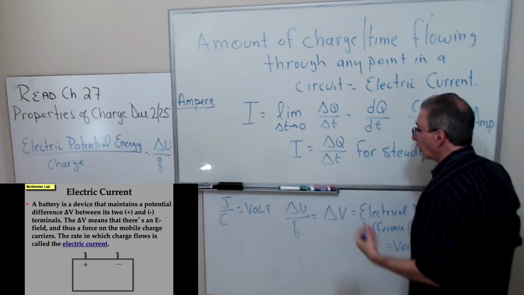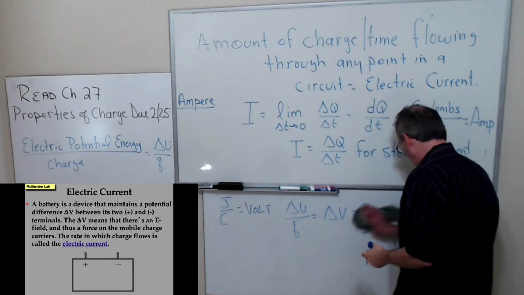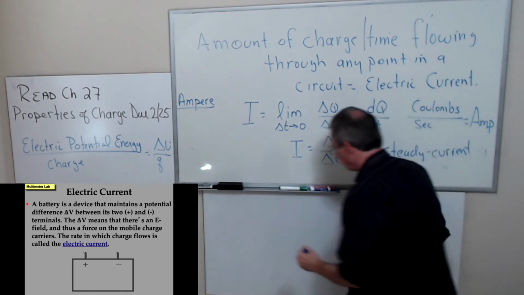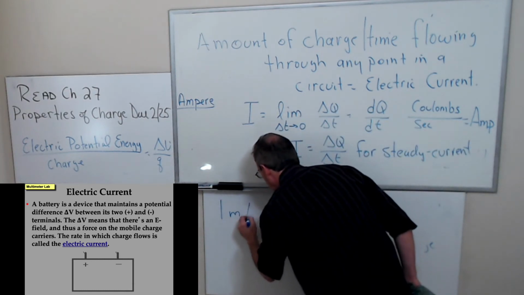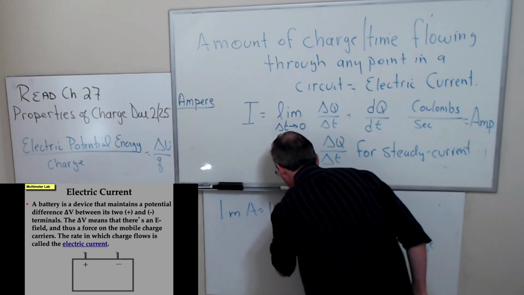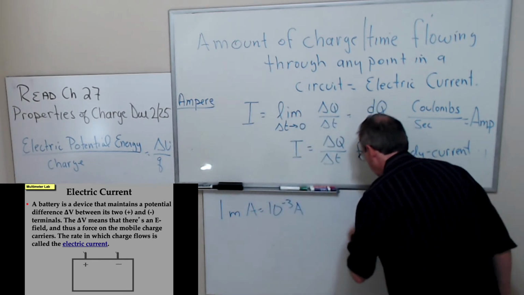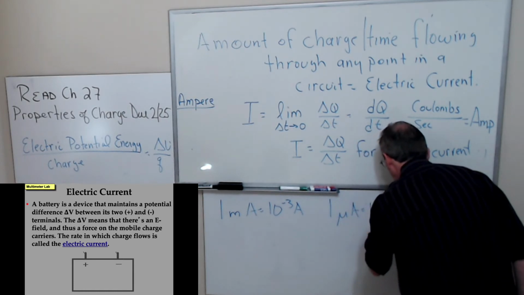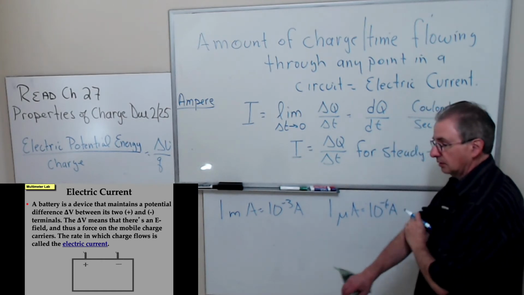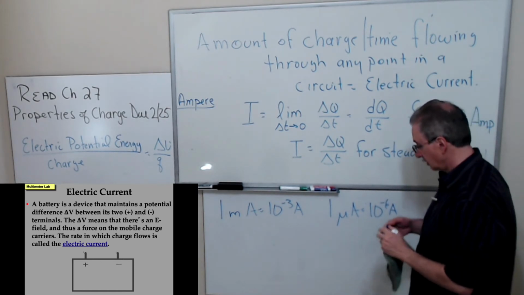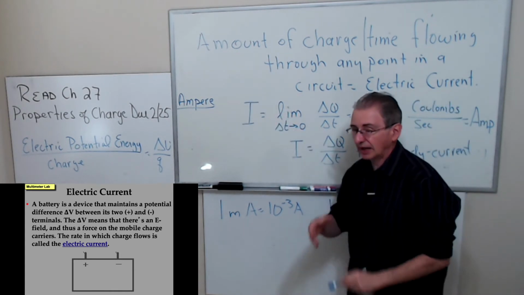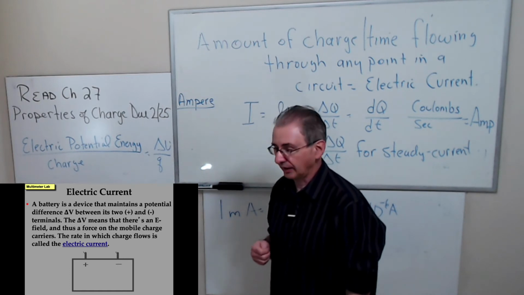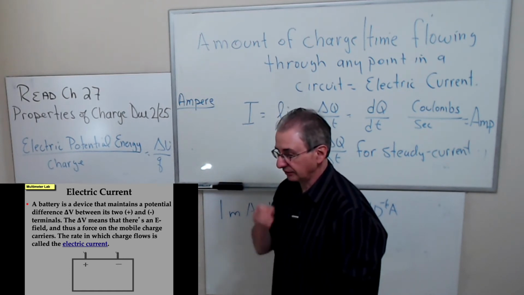And so more typical currents that we encounter are milliamps. 1 milliamp is 10 to the minus 3 amps. 1 microamp, 10 to the minus 6 amps. Okay. When you have something running 10 amps, we're talking about a substantial electrical device like a refrigerator. Okay. 10 amps is a lot of current.